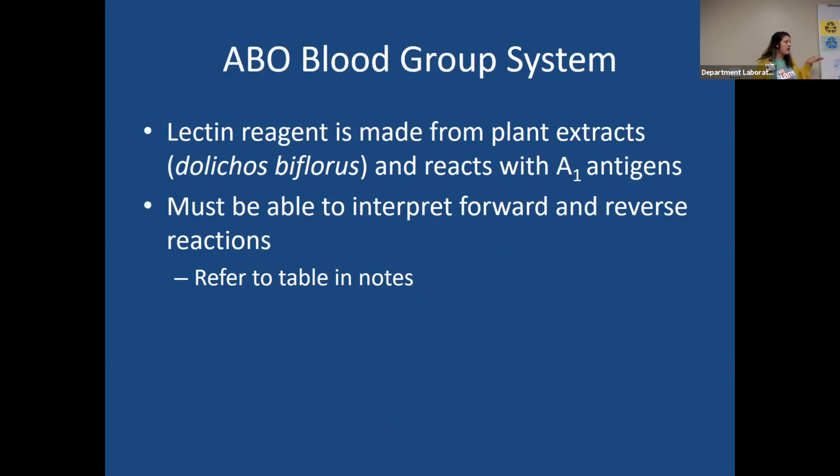Okay, so you take the known A1 lectin, which has A1 antibodies, and mix it with your patient red cells. Probably a good idea to know the plant, because as we go on through the semester, there are other extracts for like M and N that we'll talk about. So make sure you know A1 lectin is Dolichos biflorus. For this exam? Yes.